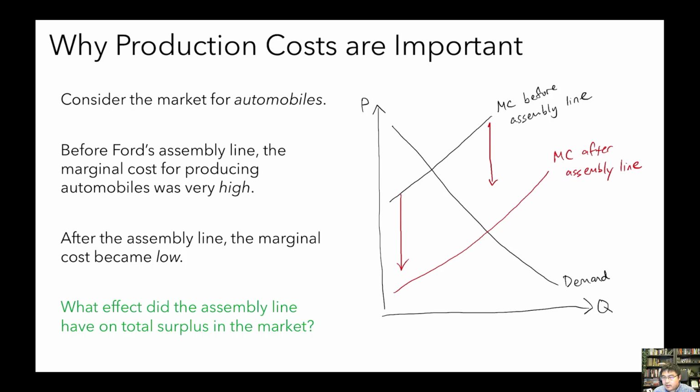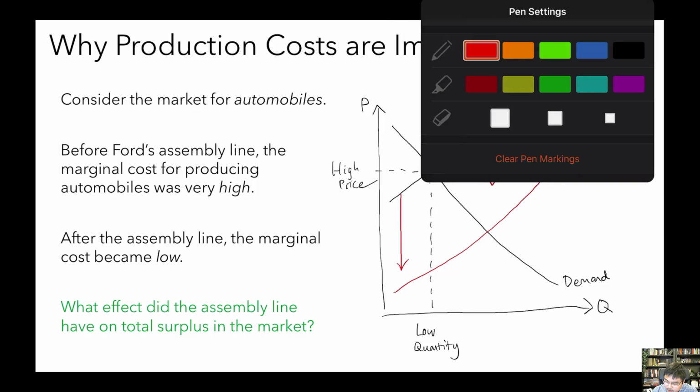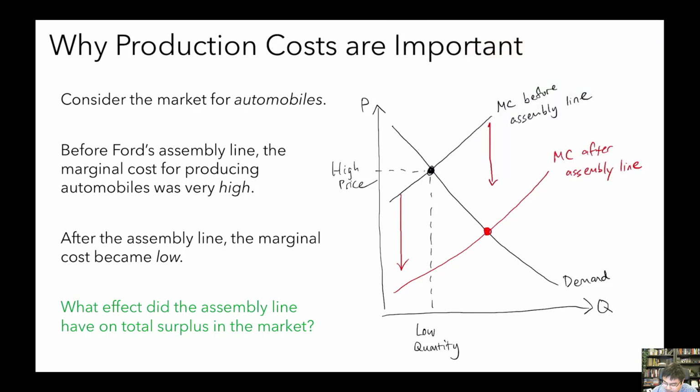Okay? And what did that do to the equilibrium? Well, if you look at the equilibrium before the assembly line, it's up here and it has a high price and a low quantity. And if you look at the equilibrium after invention of the assembly line, which is over here, it has a much lower price and a much higher quantity.